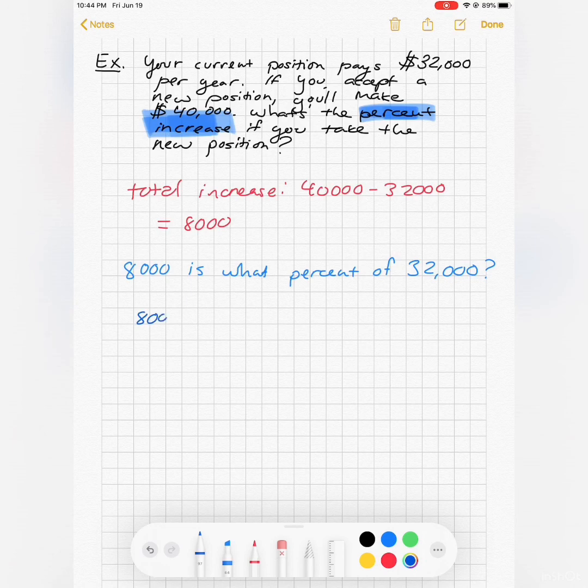Okay, so we've done these before. 8,000 is what part out of 100 of 32,000? Solve for x, so I can cancel 2 zeros. 8,000 is x times 320. Divide by 320.